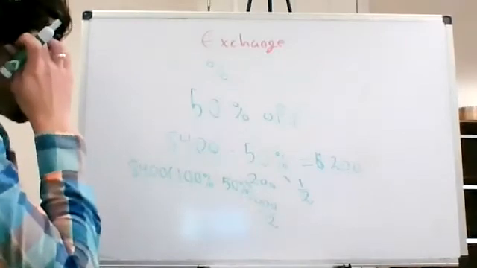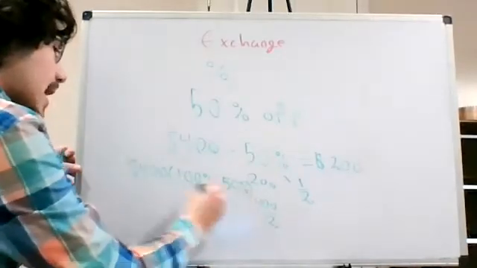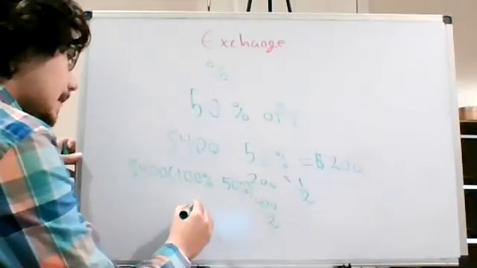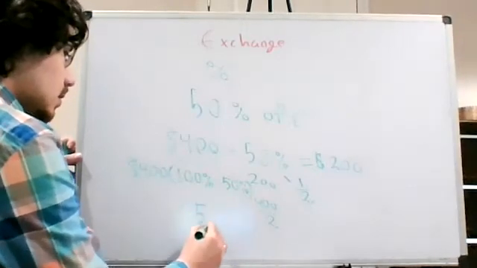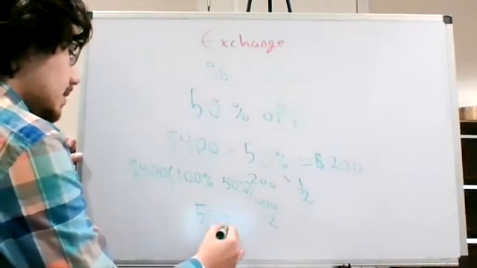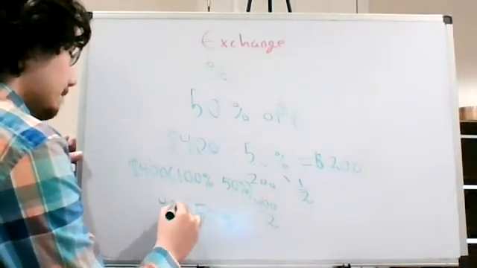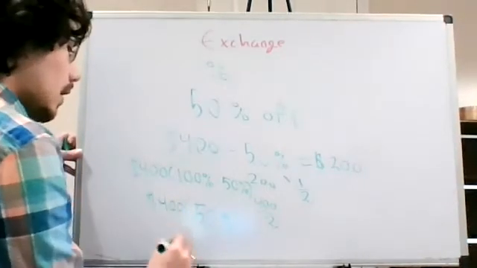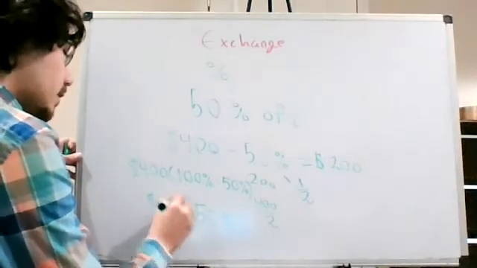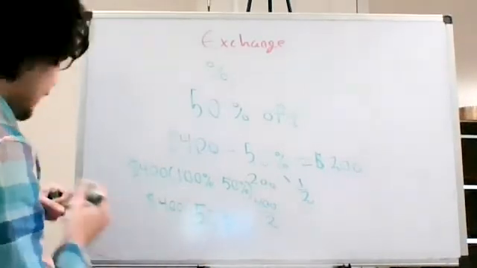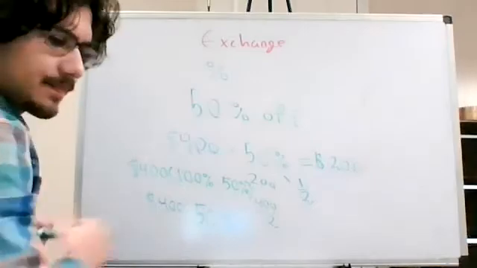And what this means is that when you do this math inside of the parentheses, you get 50% times $400, or 50% of $400. That is what this equation means.